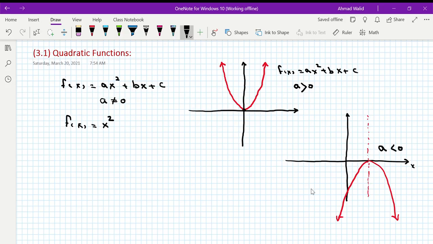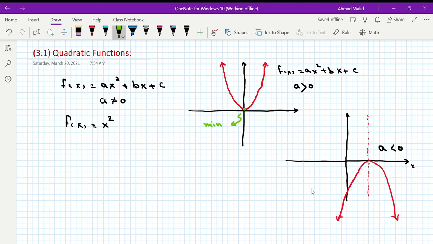A few more things. If your parabola opens upward, we already studied maximum and minimum of a function, correct? If your parabola opens upward, it means your quadratic function has a minimum point, correct?